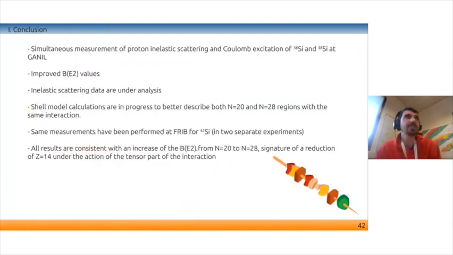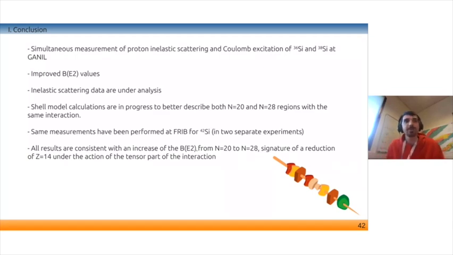So in conclusion of this part, we saw that we measured, in fact, simultaneously the proton inelastic scattering and the Coulomb excitation for silicon 36 and silicon 38. Of course, the inelastic scattering data are still under analysis with the ACTAR collaboration. We improved the BE2 values. That is nevertheless an important thing, because it allows us to progress in the interpretation and in the effective interactions of these regions.